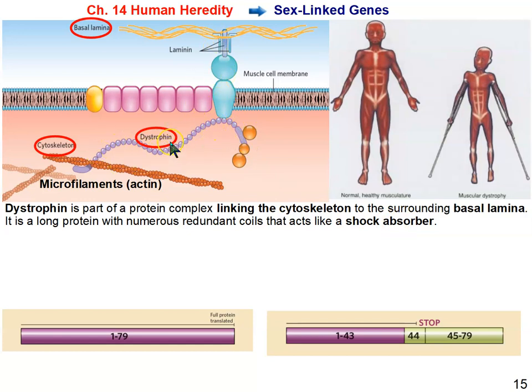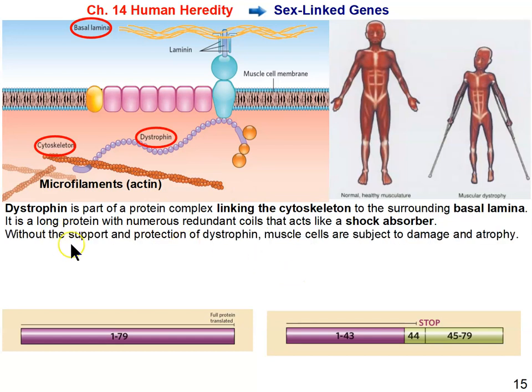So it acts like a shock absorber during muscle contraction. And if it's not there, without the support and protection of dystrophin, muscle cells are subject to damage and atrophy. And that's what causes the disease. Again, the disease is known as muscular dystrophy. So here's a normal boy next to a boy that has muscular dystrophy, and you can see that he hasn't developed as well, and his muscles are shrunken and weak.